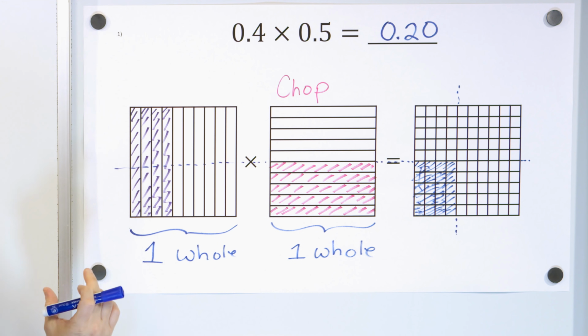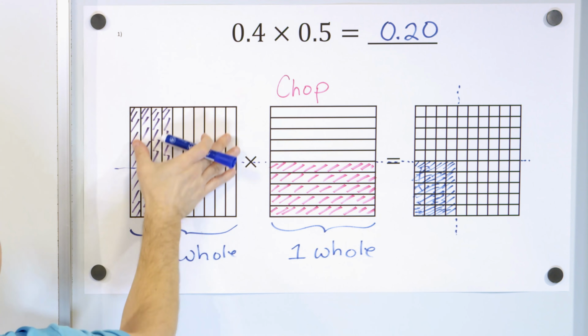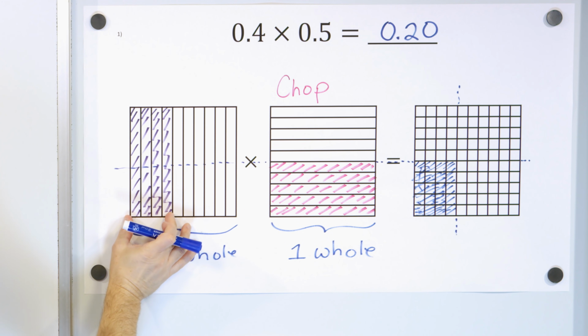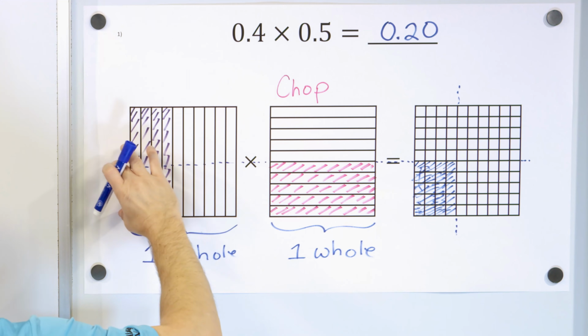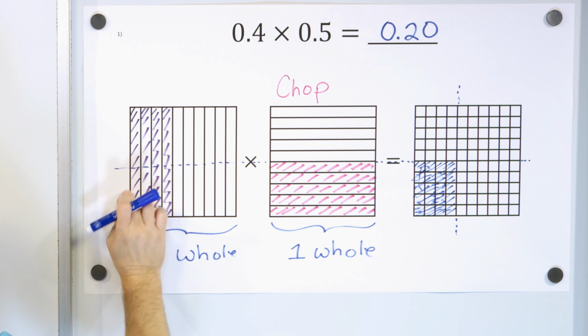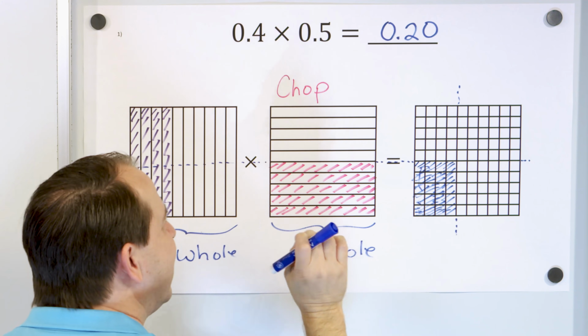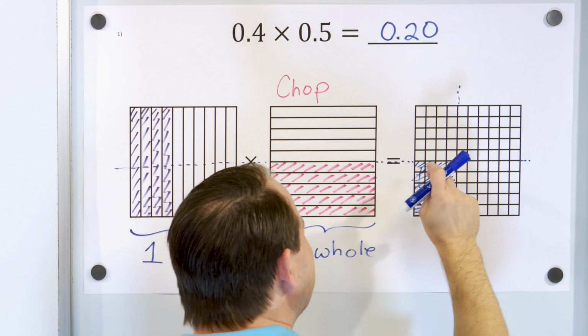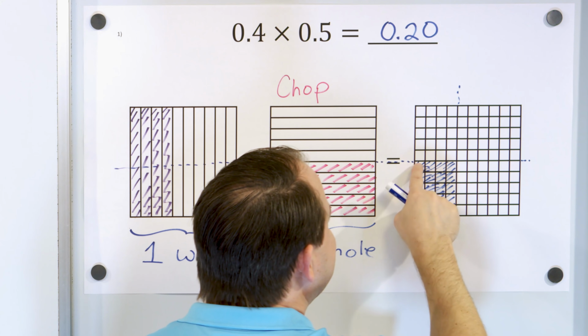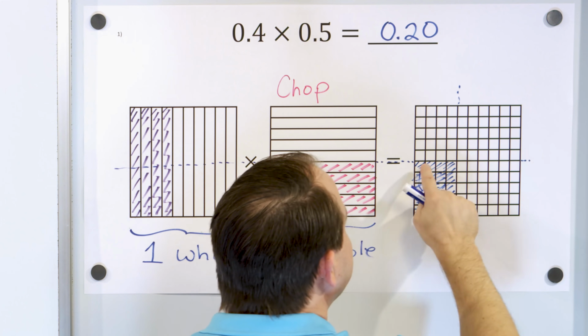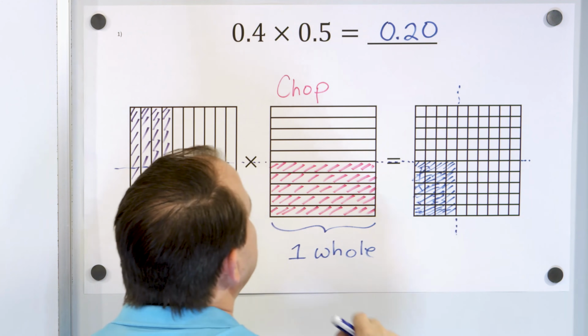But for now, again, just want you to realize when you take something and cut it into 10 pieces and take 4/10, and then you multiply it by 0.5, which means you cut it in half. You chop it. This is the amount that I have in my answer. But I'm going to express the answer in terms of hundredths, because then I can line up everything properly and count the squares here. So I cut it into 100 pieces and I have 20 of them, so 20 hundredths.